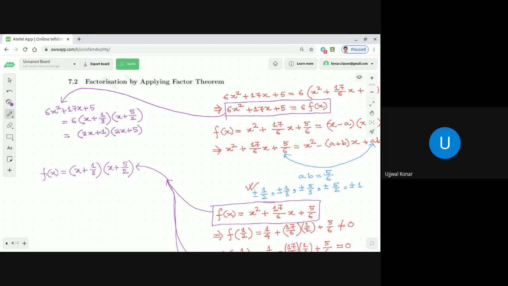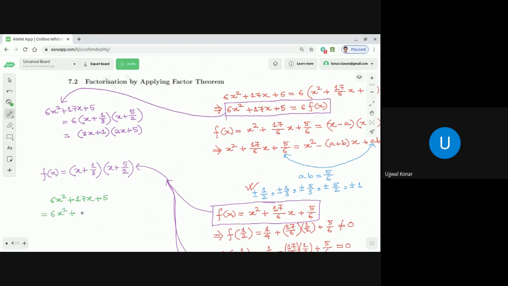But before that, to understand that splitting the middle term is efficient in this question, what we can do quickly is take the given expression, 6x² + 17x + 5, and factorize it as we have done earlier.